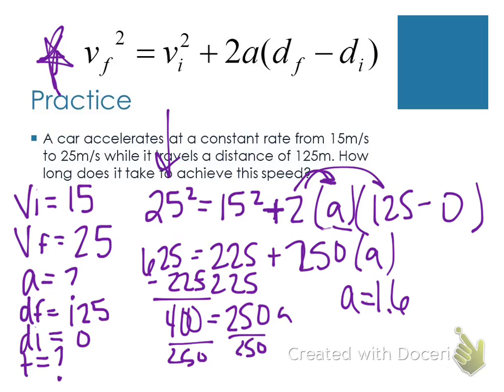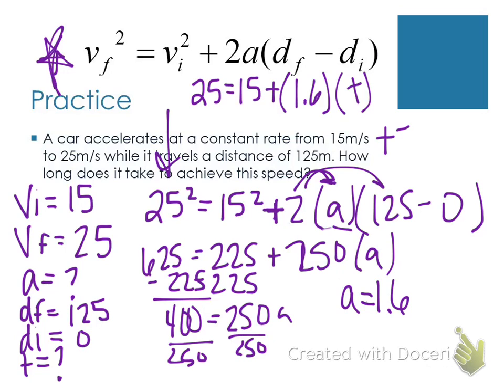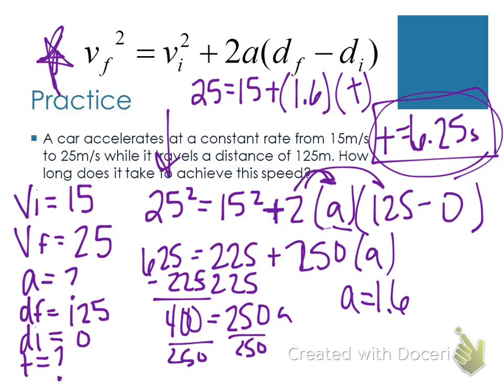The first, right? So that's VF equals VI plus AT.